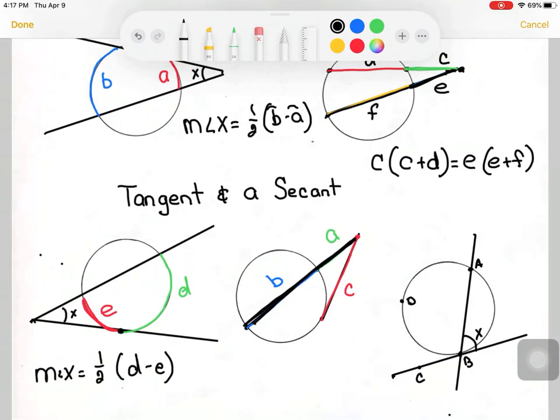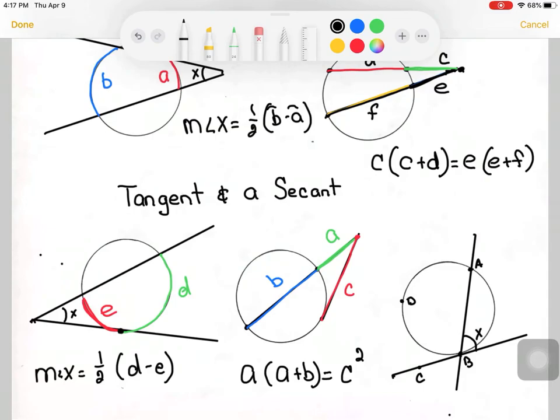And let me see if I can quickly get rid of this black line there. There we go, good. All right, so for our segment relationships here, if I take segment A and I multiply that by the entire segment, which is A plus B, that's going to give me the same length as if I take segment C and square it.